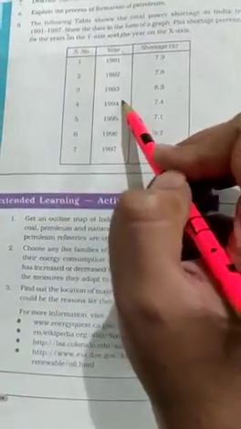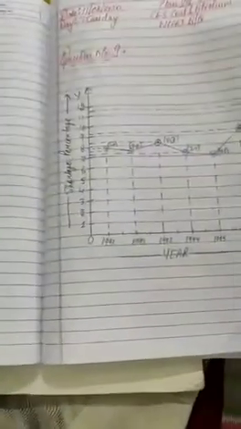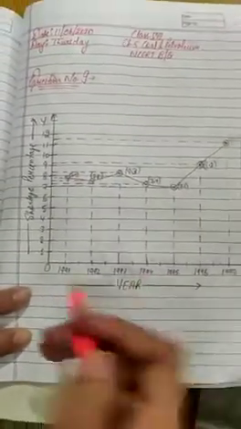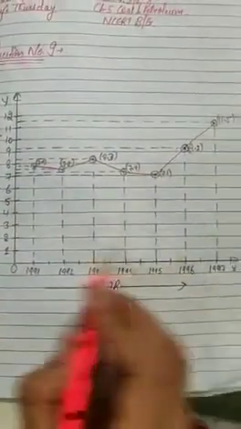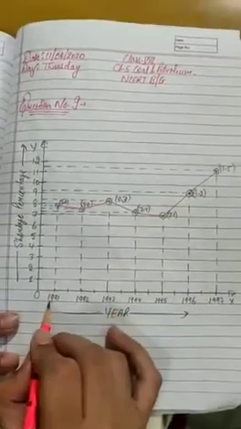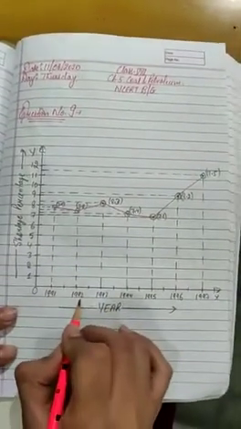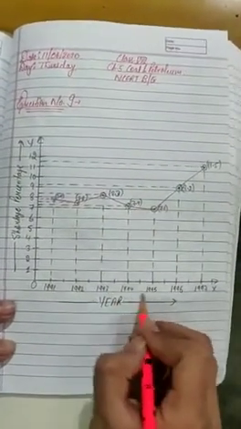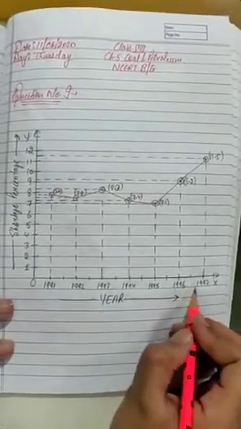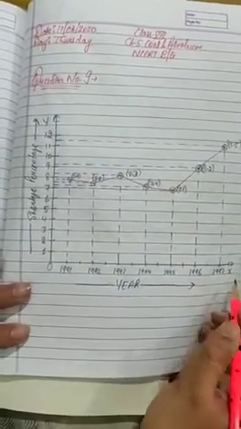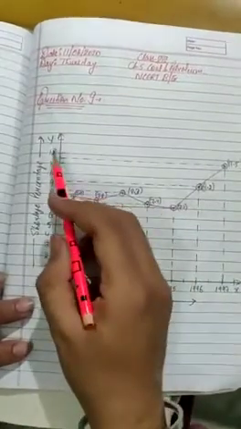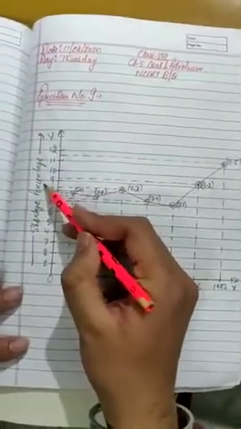So we will plot a graph on the notebook. On the x-axis I have taken the years 1991, 1992, 93, 94, 95, 96 and 97, and on the y-axis I have taken the shortage percentage.